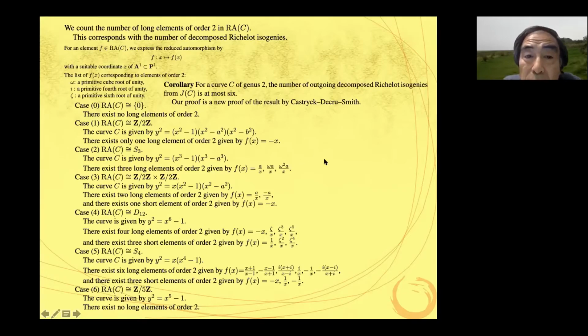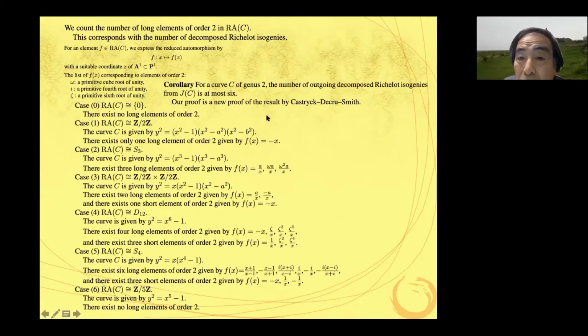And we have one corollary. For a curve of genus 2, the number of outgoing decomposed Richelot isogenies from JC is at most 6. This one is this one: 1, 2, 3, 4, 5, 6. So this curve has 6 such elements. So if we consider this curve, the Jacobian of this has 6 decomposed Richelot isogenies.